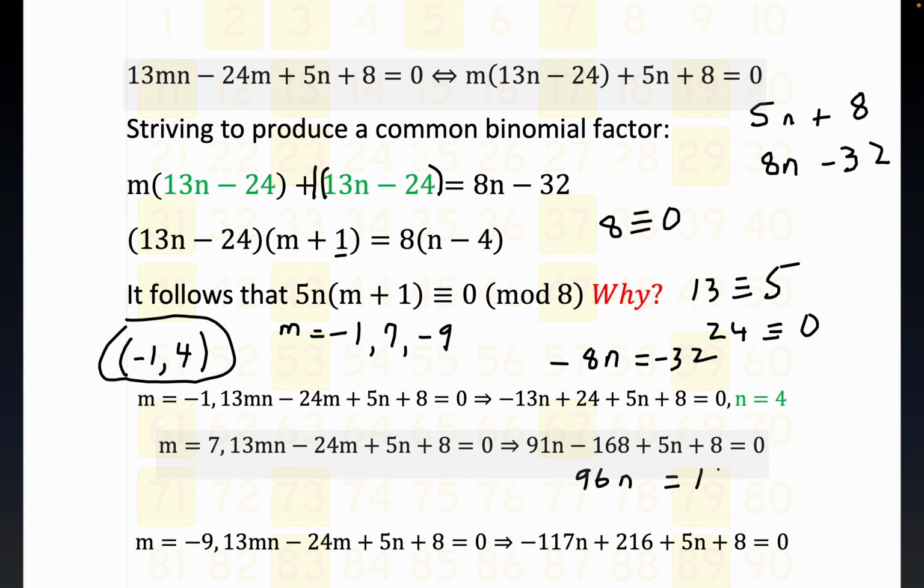But notice that n is not an integer. N is not a member of the integers. It's a fraction, 160 over 96. So it's not a member of Z, so we can't use that. It's a solution, but it would be a fractional solution, namely 160 over 96.